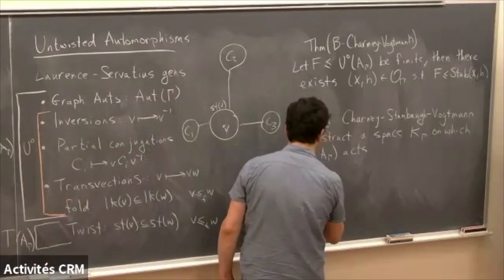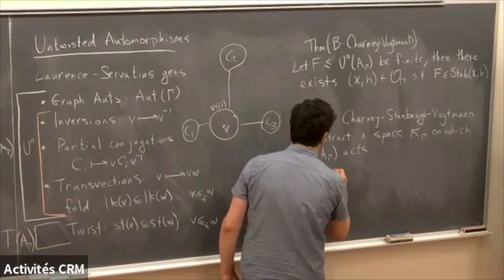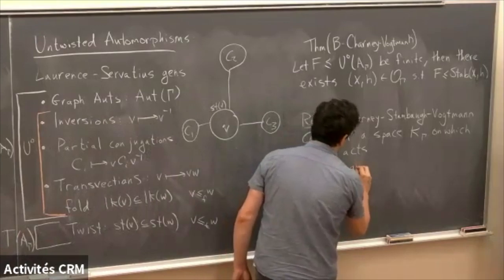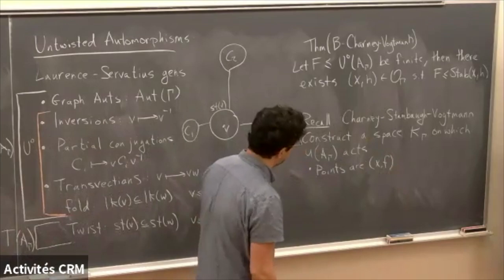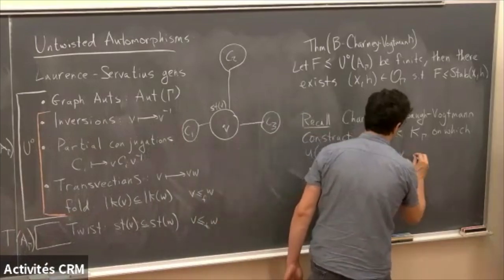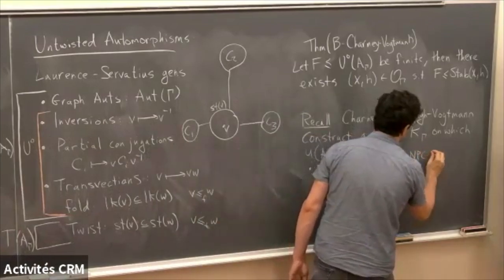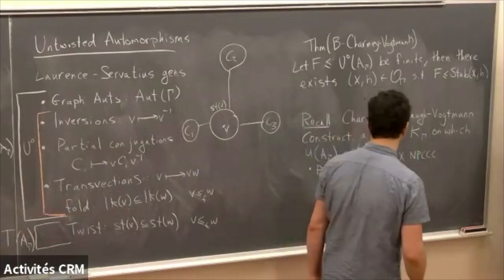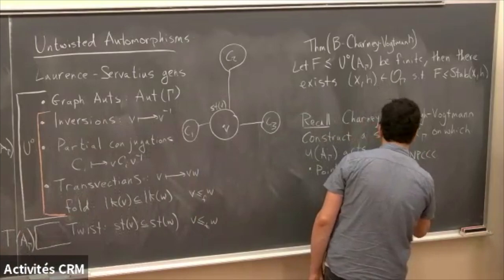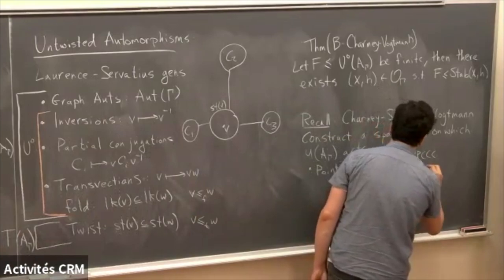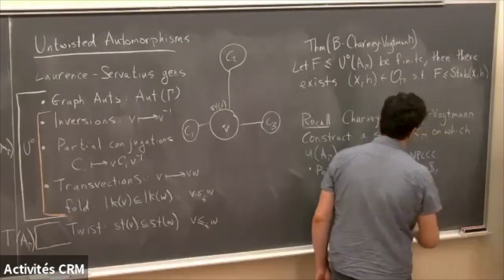But now inside of here, points are pairs X and F, where I'm going to distinguish the marking as F, where X is now an NPC cube complex, and F is a homotopy equivalence to the Salvetti, but it has to have a specific form.